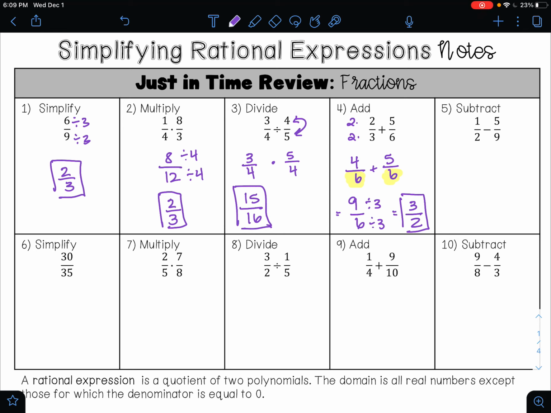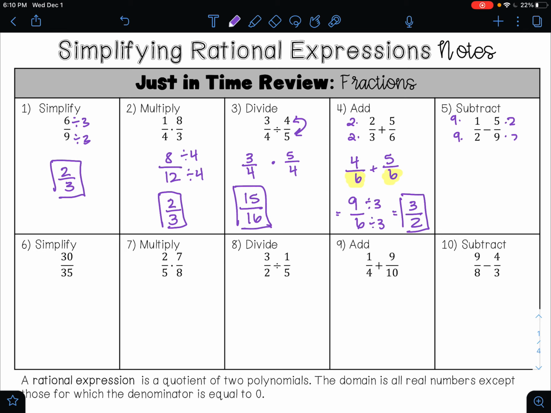On example 5, I need a common denominator to be able to subtract these two fractions. Because my denominators are not multiples of each other, I will need to multiply both of them. The least common multiple of 2 and 9 is 18. So I'll have to multiply 1/2 by 9 over 9 and 5/9 by 2 over 2.